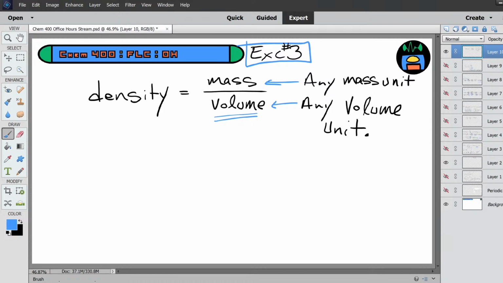Okay. Now let's look at... you said there was an example. Awesome. You are totally welcome. You said that it asked for the density of nitrogen gas at STP. Okay, hang on one second.